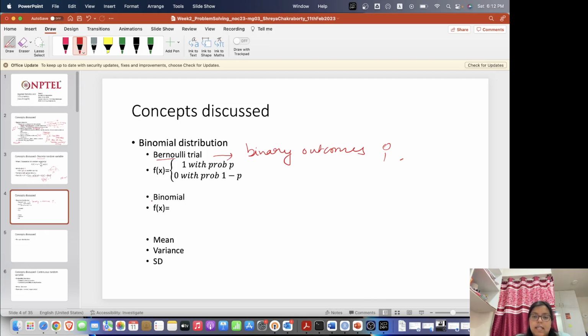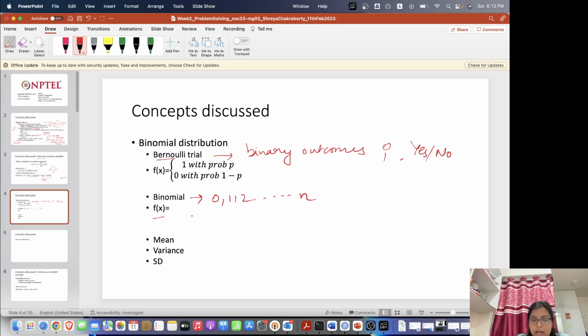So as I said, a Bernoulli variable is a variable which has binary outcomes, yes, no, or 1, 0 kind of a situation. And a binomial is actually a sum of Bernoulli trials, and it can take values from 0 up to n.